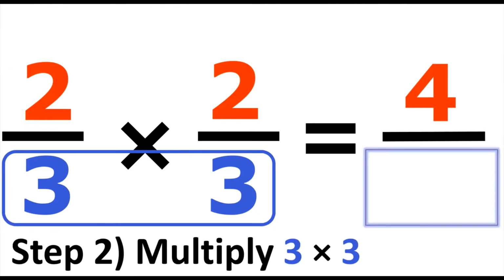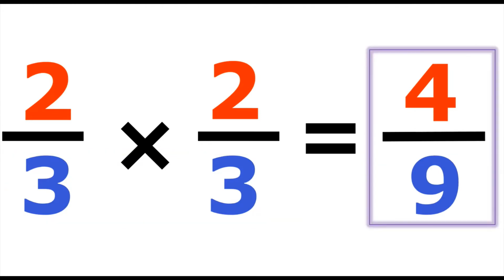Now we go on to the denominators. They're both 3. So we multiply the two 3s together, 3 times 3, which gives us 9. So the answer is 4/9.